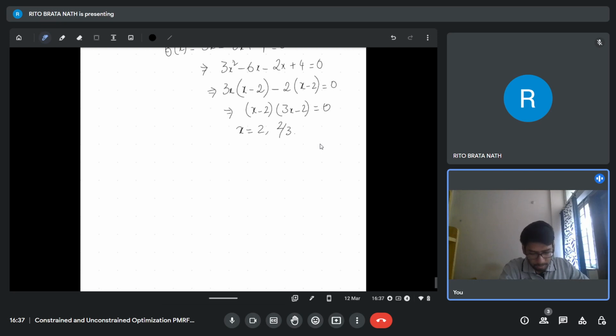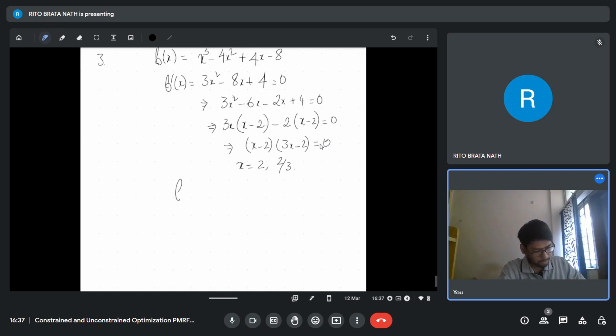Okay, so now you can check for the second derivative. So this is f double prime x. So that's 6x minus 8.